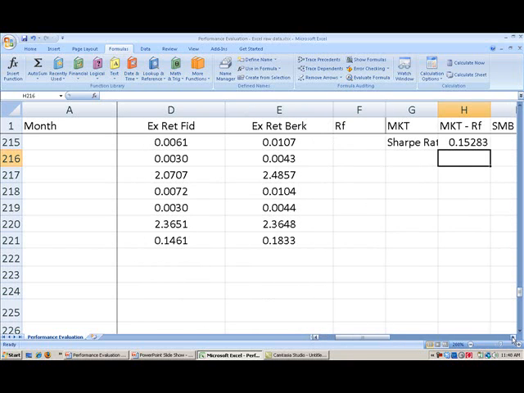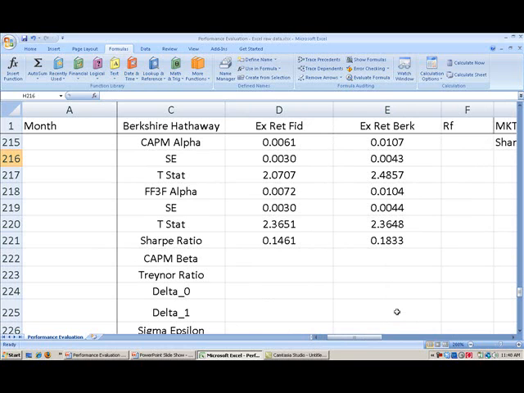Compared to the market, Fidelity is very similar to the market in terms of the Sharpe ratio, whereas Berkshire Hathaway is slightly above the market in terms of the Sharpe ratio.